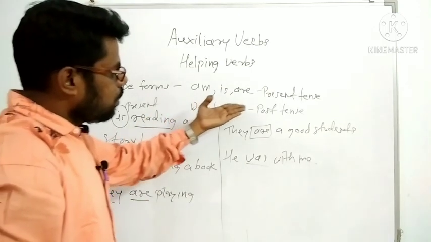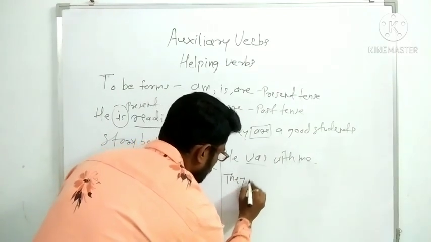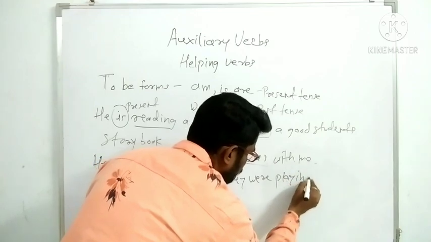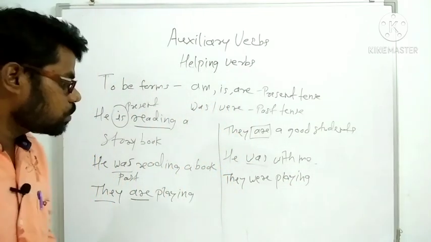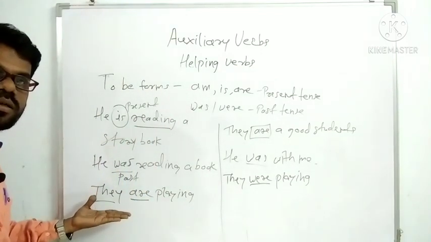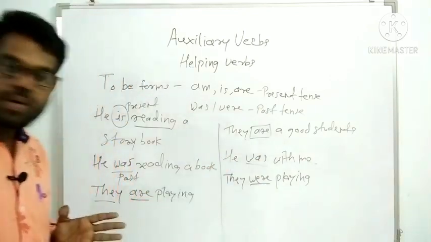Okay, now like this, were. They were playing. Okay, so for a plural subject we use were and are: are in the present tense, were in the past tense. Okay.